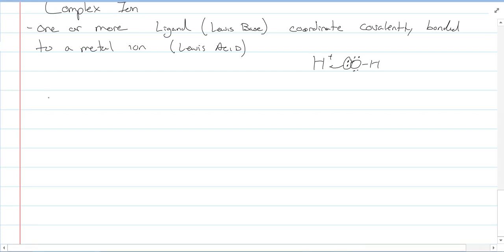So let's look at something. Go back to my AgCl. Silver chloride in water goes to silver ion and chloride anion with a KSP.